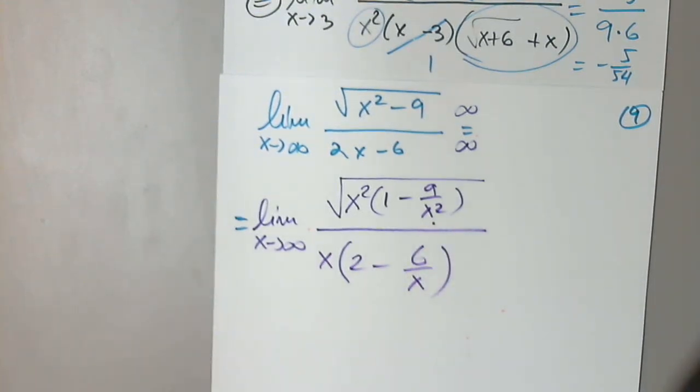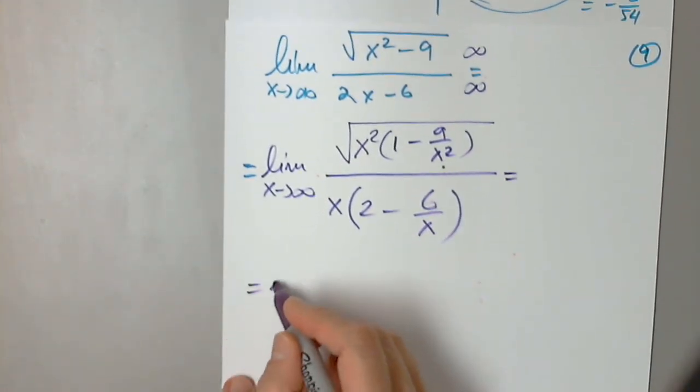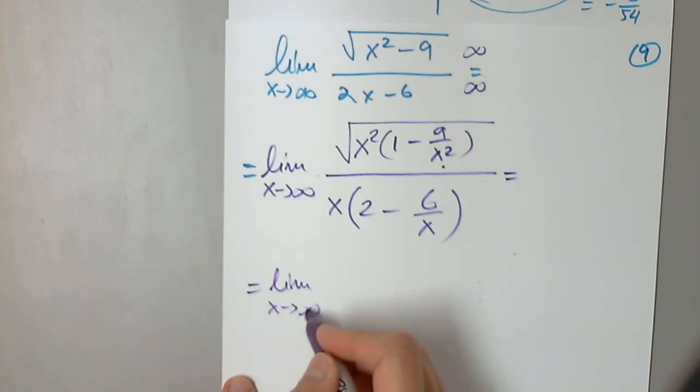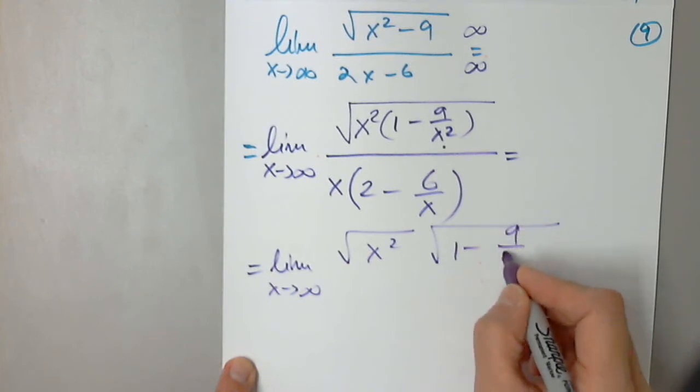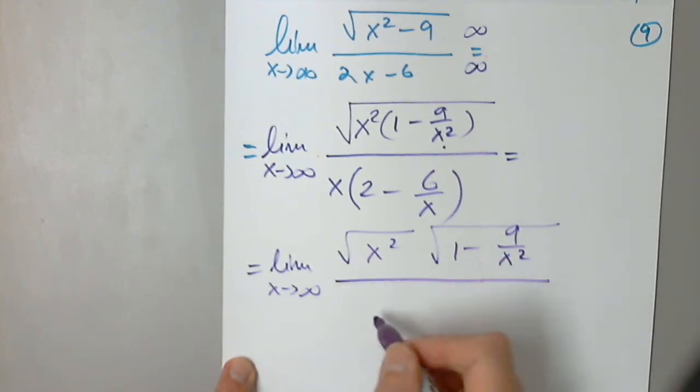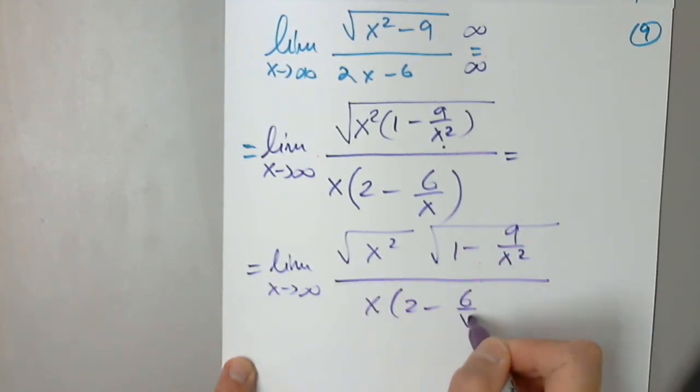The degree in the denominator is 1, so I pull out an x. The degree under the square root is x squared, so it's 2, so I pull out x squared. Now I use a property of the square root. Do not drop the limit operator, please. Square root of x squared times the square root of 1 minus 9 over x squared, divided by x times 2 minus 6 over x.